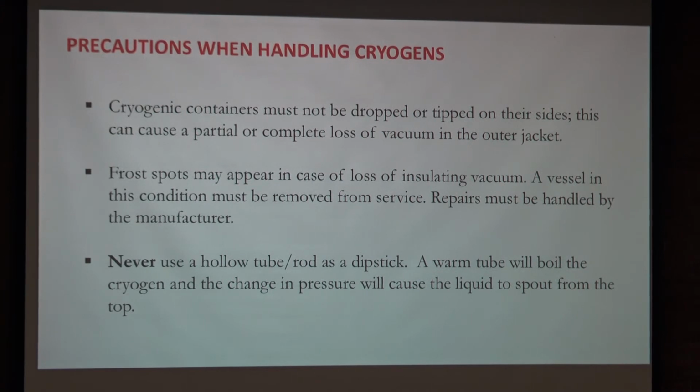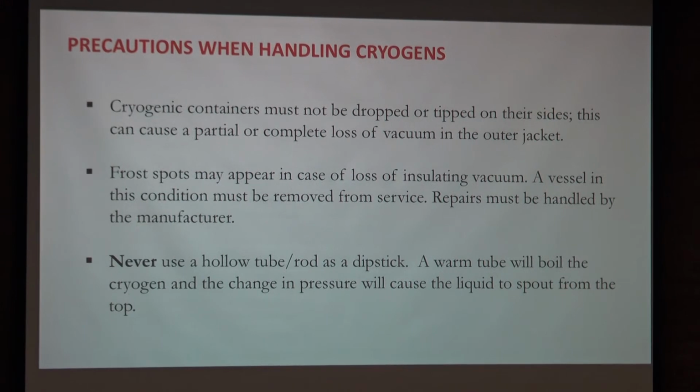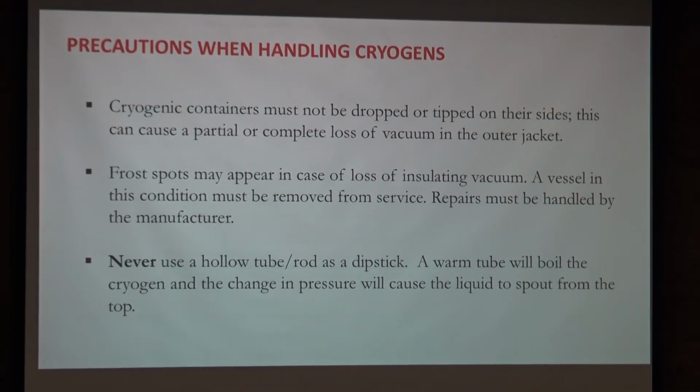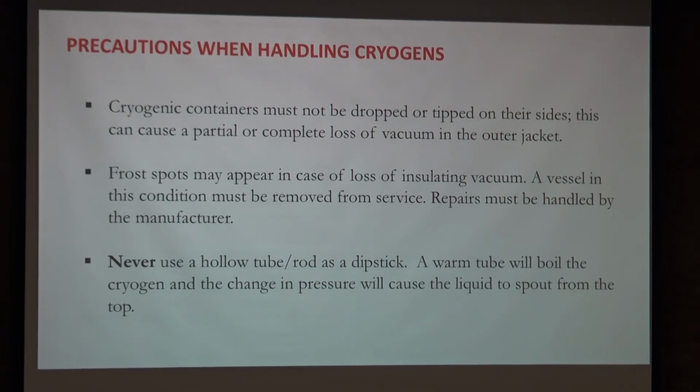If you lean them on their side, or they accidentally fall over, you can create a fairly large torque on the neck of the dewar vessel, which it's not built to sustain. In some cases that can lead to an instant loss of vacuum.